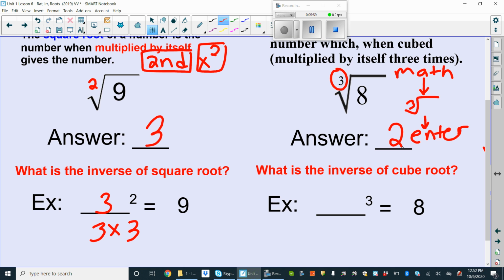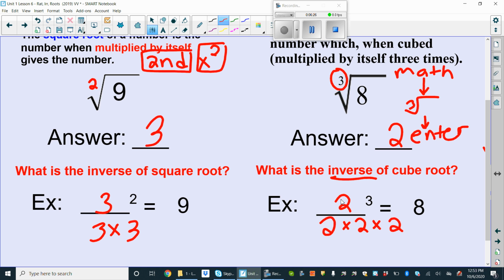And again, the inverse of a cube root is cubing a number. So 2 cubed is 2 times 2 times 2. The exponent tells you how many times to multiply the number by itself.